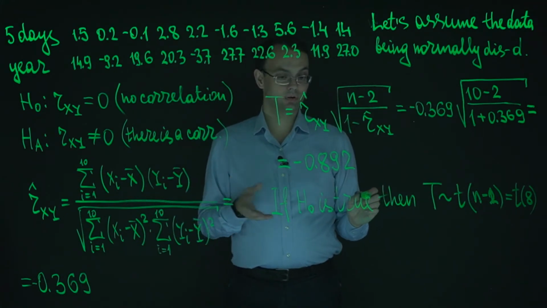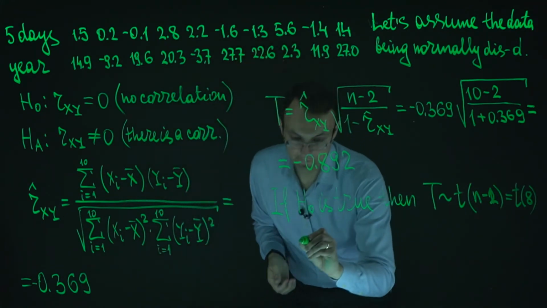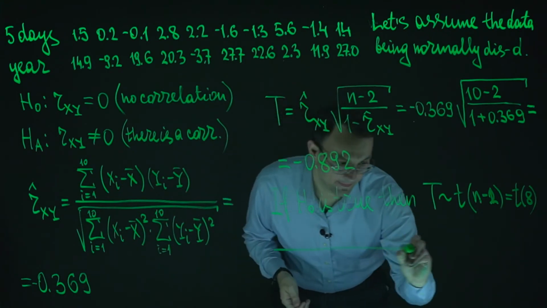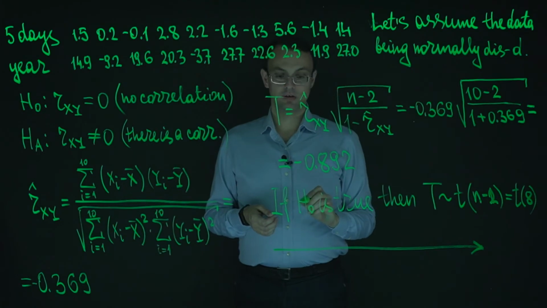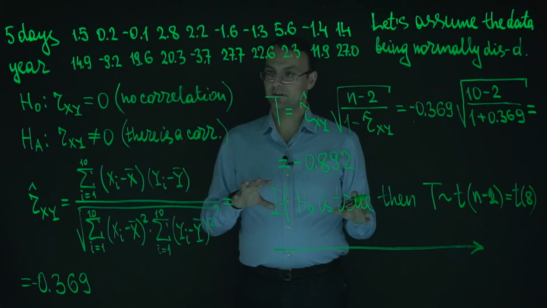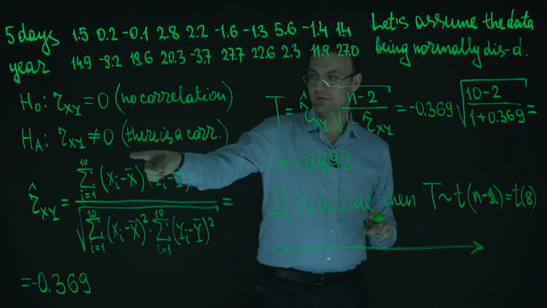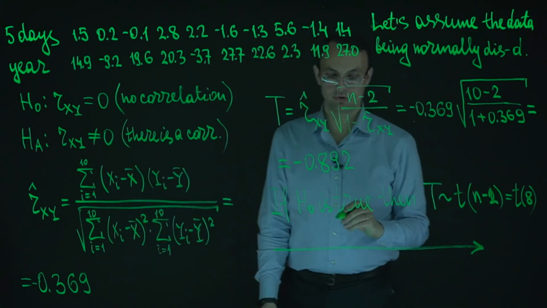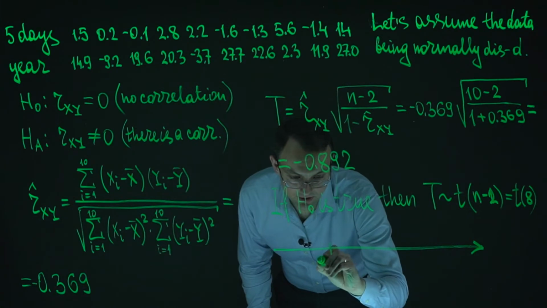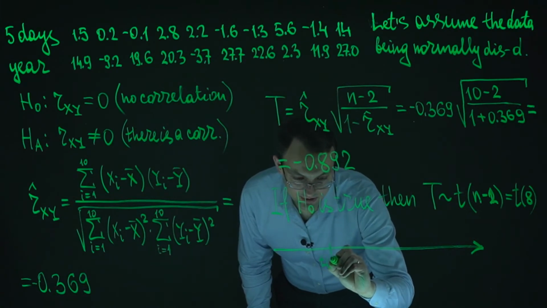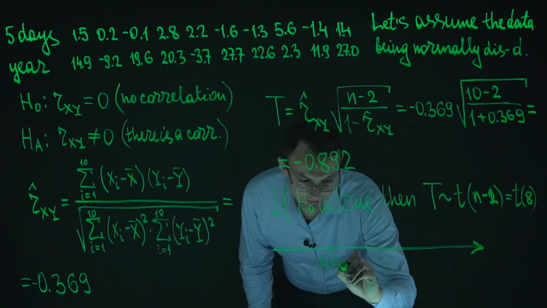So we construct critical regions. As we have a not-equal sign here, we have a two-tailed critical region. So two-tailed, here we have the Student's quantile with 8 degrees of freedom of the level.